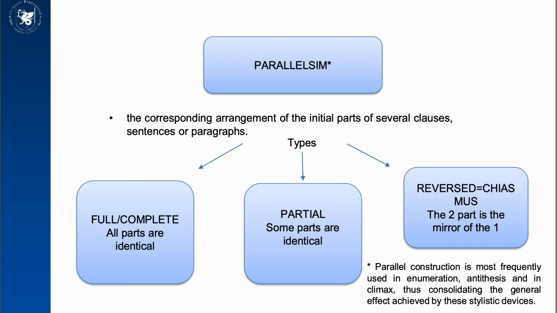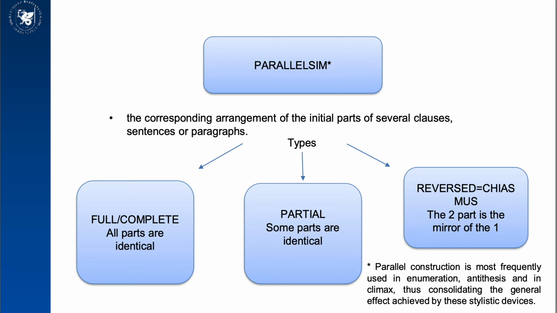Okay, parallelism. The corresponding arrangement of the initial parts of several clauses, sentences, or paragraphs. There are three types of parallel constructions: full, complete, when all parts are identical. You will see it, definitely, don't worry.